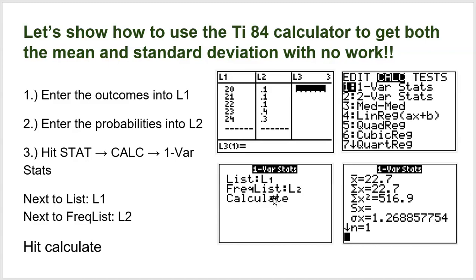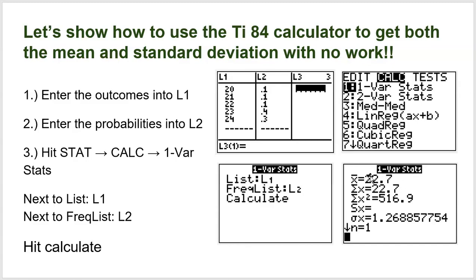And that's list 2, because we have to take into account the fact that, for example, 23 and 24 employees is much more likely. So remember, when we did this a while ago, we left the frequency list blank, but now we're taking into account probabilities, so we have to put that probability list in list 2 for the frequency list. Hit calculate, and the very first number at the very top is the mean, 22.7.